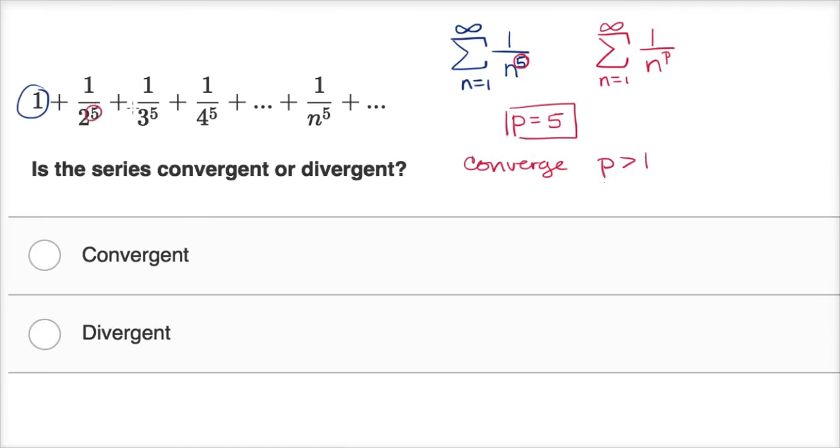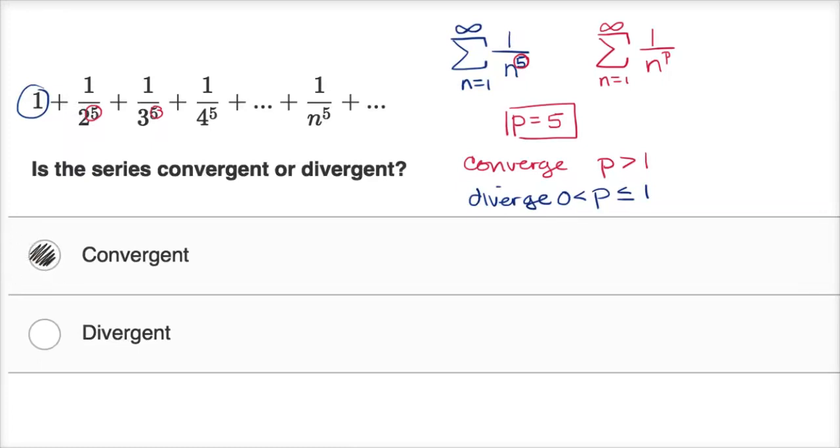We would diverge if our p is greater than 0 and less than or equal to 1. So if this was like 0.9 here, or if this was 3/4, then we would be diverging. So at least for this one, we are convergent.